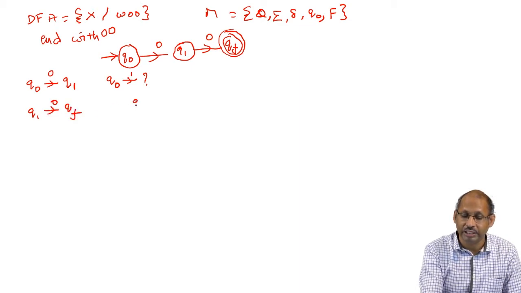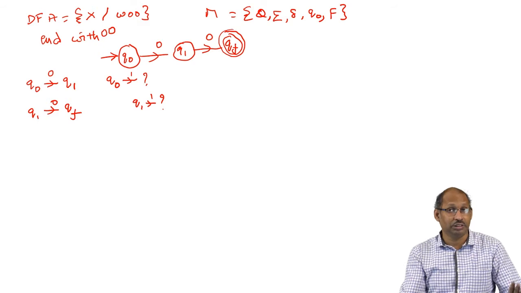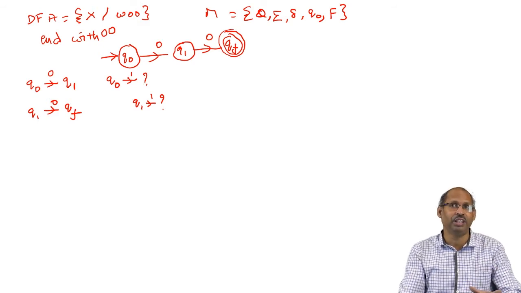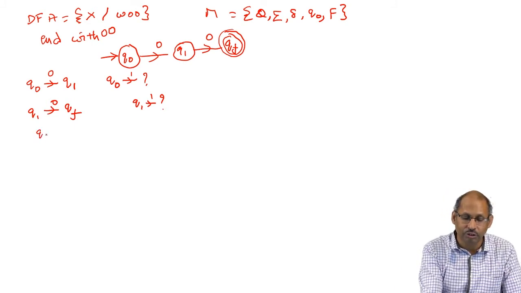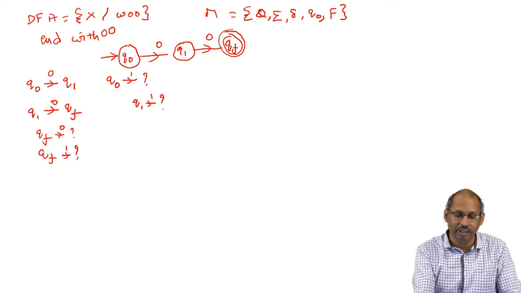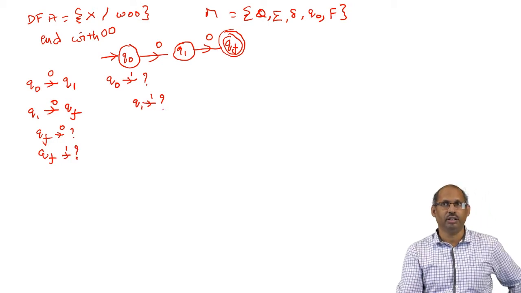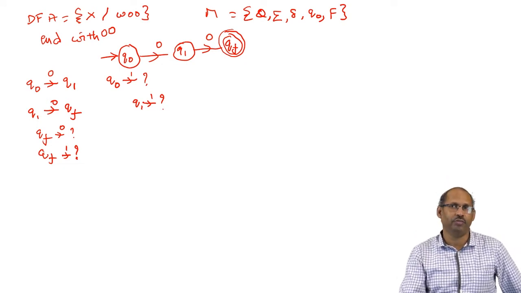But what is Q1 on 1? We have to find it out. We are specifying which transitions we have and which we have to assume. We also need to find QF on 0 and QF on 1. What should these transitions be? Here, Q0 on 1 we have to find.